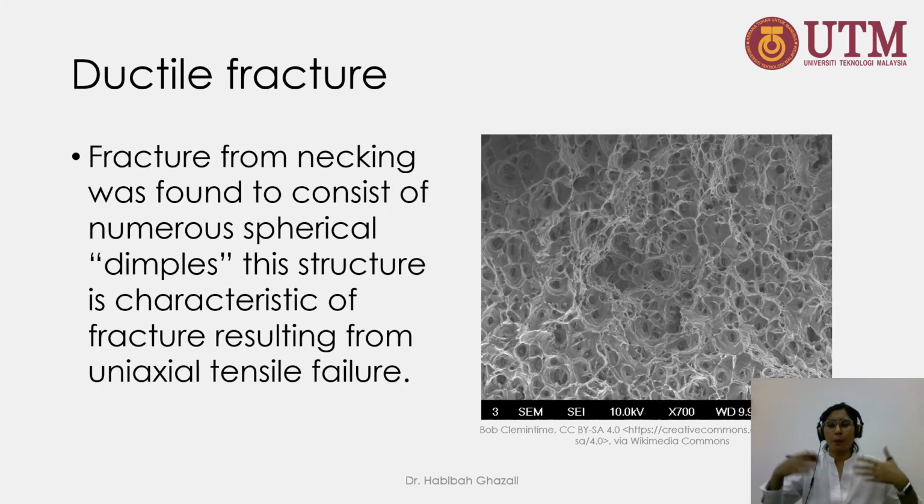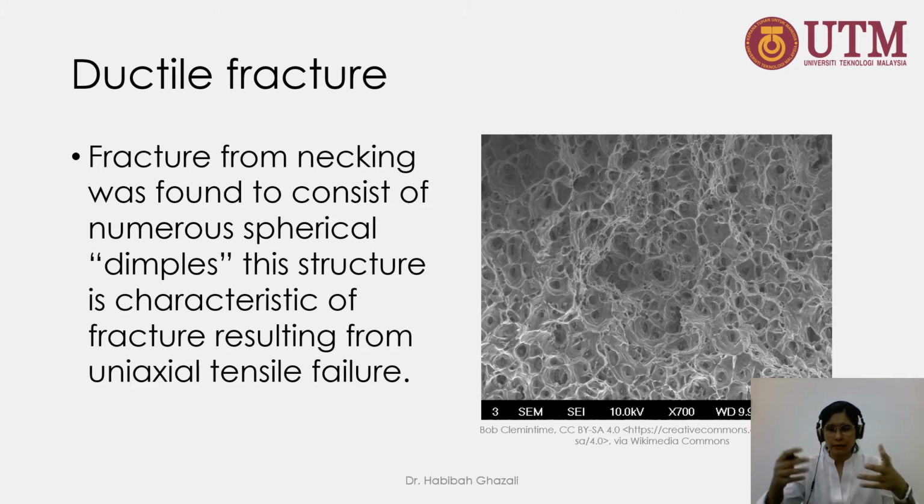So if you fracture ductile materials and observe the fracture surface under the microscope, this is an example of a scanning electron microscope image. What you can see, the characteristic of this fracture surface, is that it contains a lot of spherical dimples.